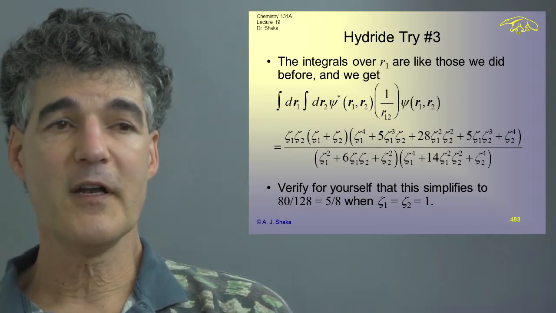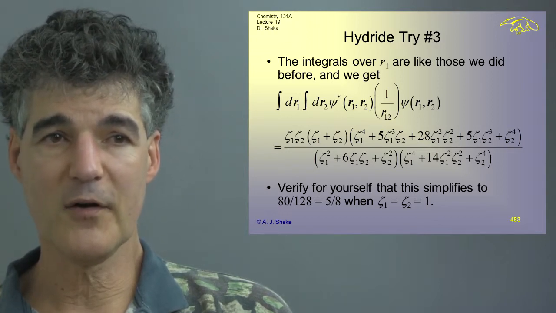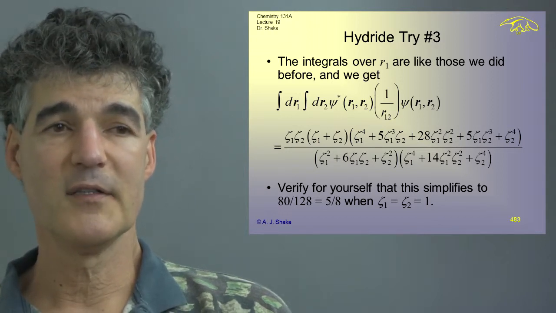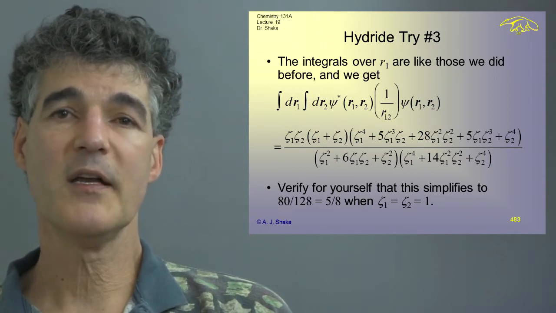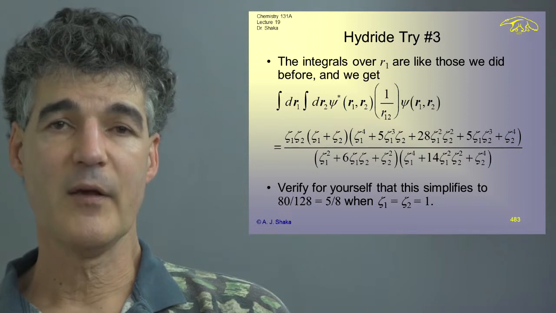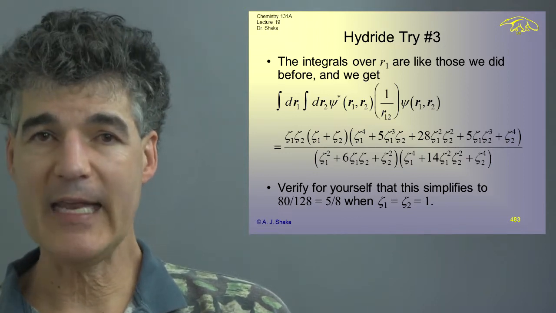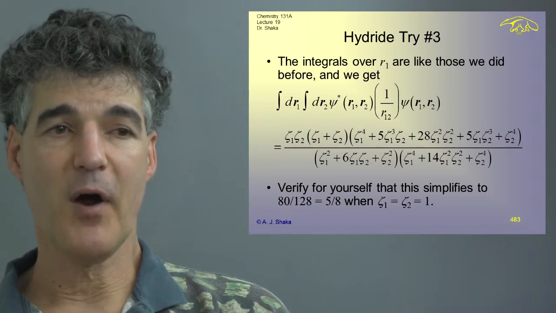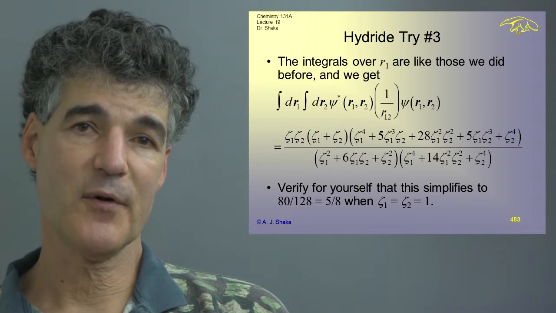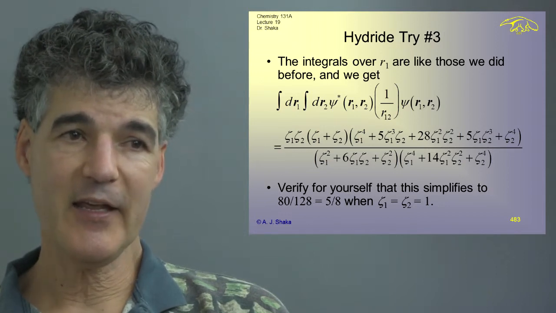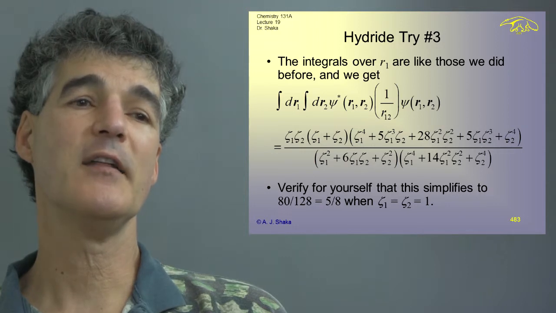And this very funny formula here with zeta 1, zeta 2, and then a very big polynomial in zeta 1, zeta 2, you can verify that if you put in zeta 1 equals zeta 2 equals 1, then the top part is 80, and the bottom part is 16 times 8, which is 128, and 80 over 128 just happens to be 5/8.